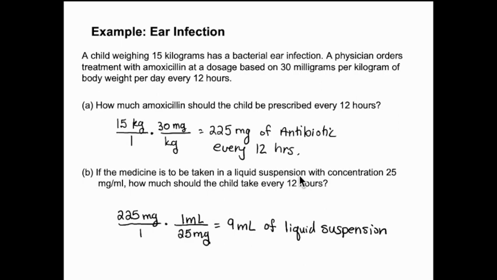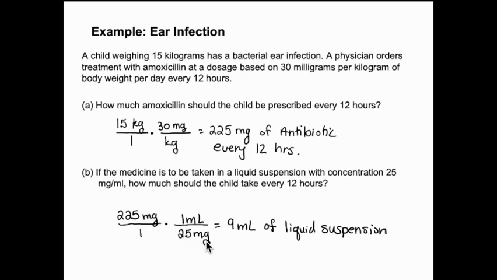So we're going to start with 225 milligrams and change that into the amount of liquid suspension. Our answer needs to be in milliliters because that's our units for the liquid. And we know that every milliliter, there's 25 milligrams. So I'm going to put milligrams on the bottom and cross that off.